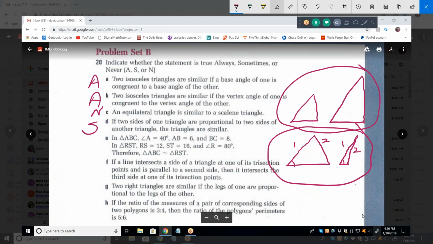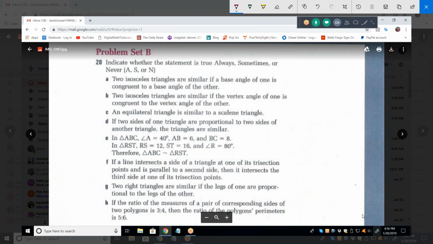Let's just take a quick look at this one. It's starting to get hard. Got a feeling this is going to point out what I just pointed out. Angle A is 40, AB is 6, BC is 8.